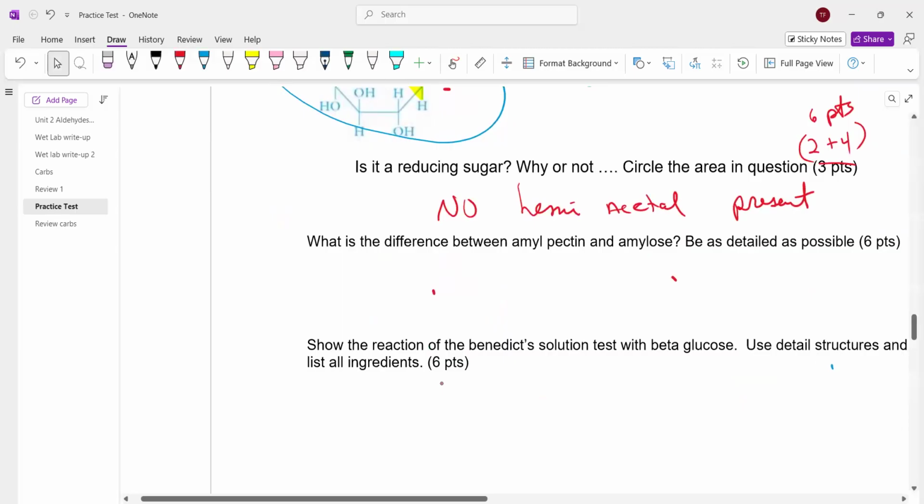Okay, what's the difference between amylopectin and amylose? The amylopectin is branched.